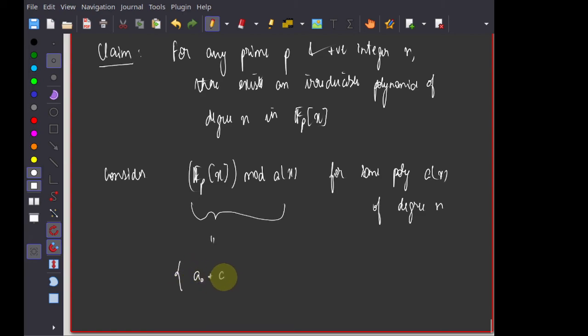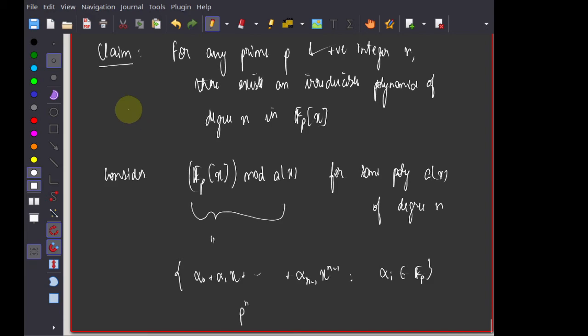Correct. So it's a0 plus a1 x and so on up to a_{n-1} x to the n minus 1. So this has size p to the power n.